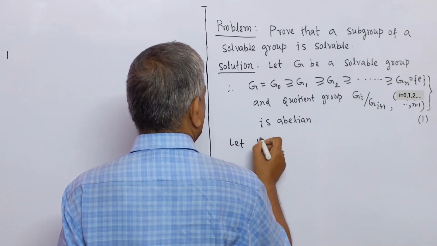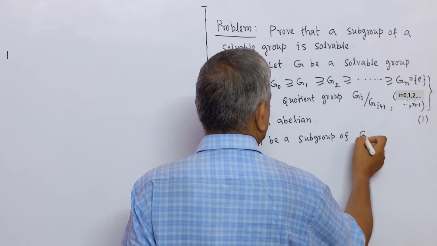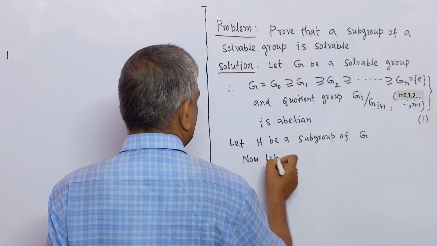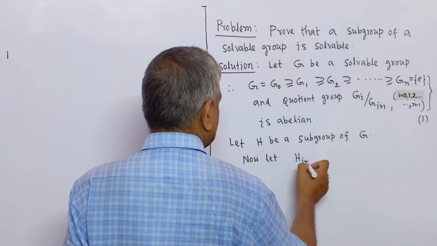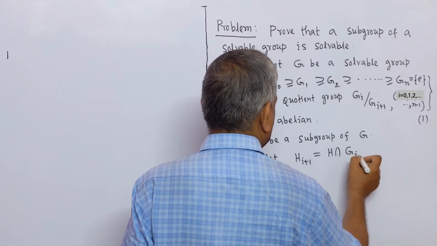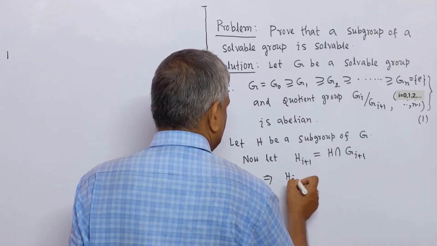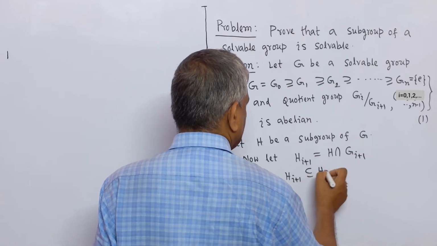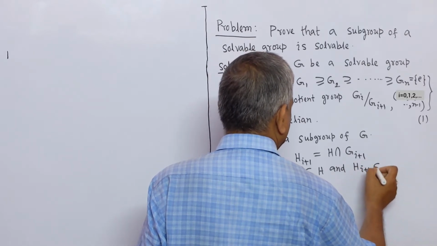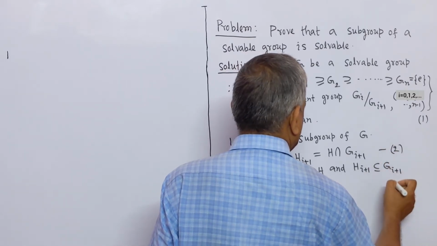Let H be a subgroup of group G. Now let Hi plus 1 equal H intersect Gi plus 1, which implies that Hi plus 1 is a subset of H, and Hi plus 1 is a subset of Gi plus 1. Let this be number 2 and this number 3.